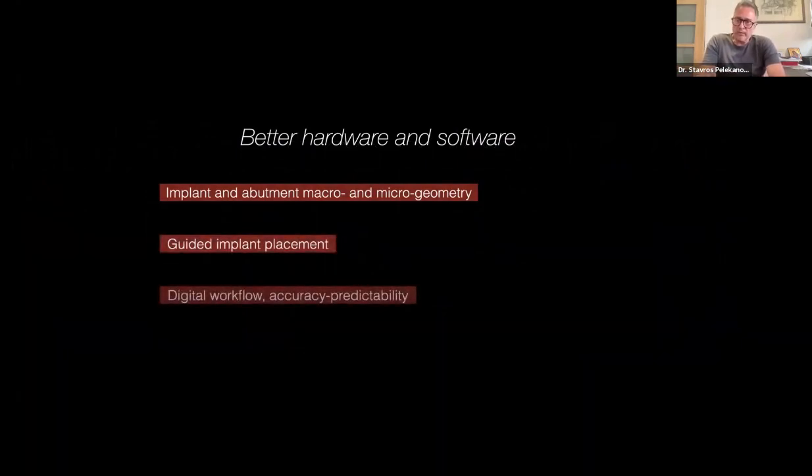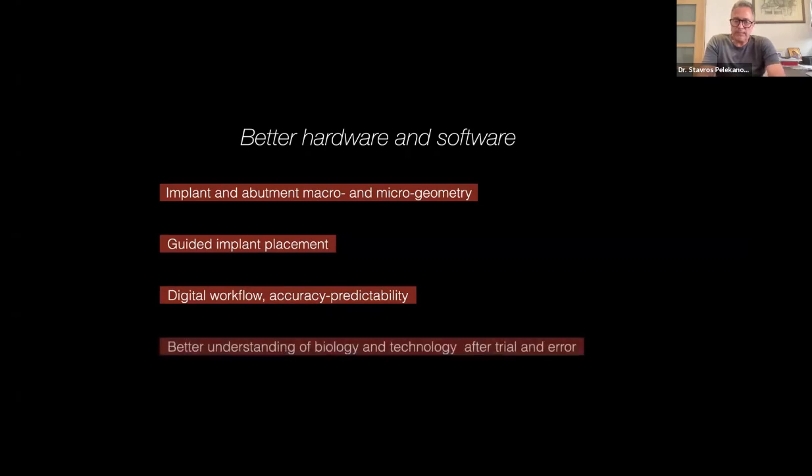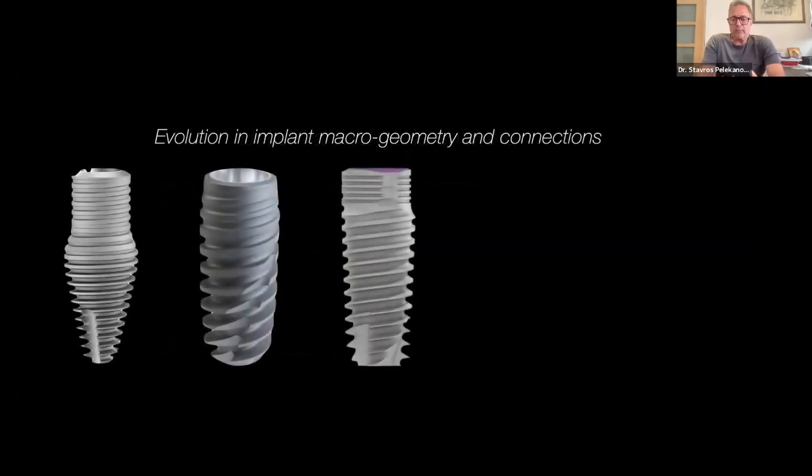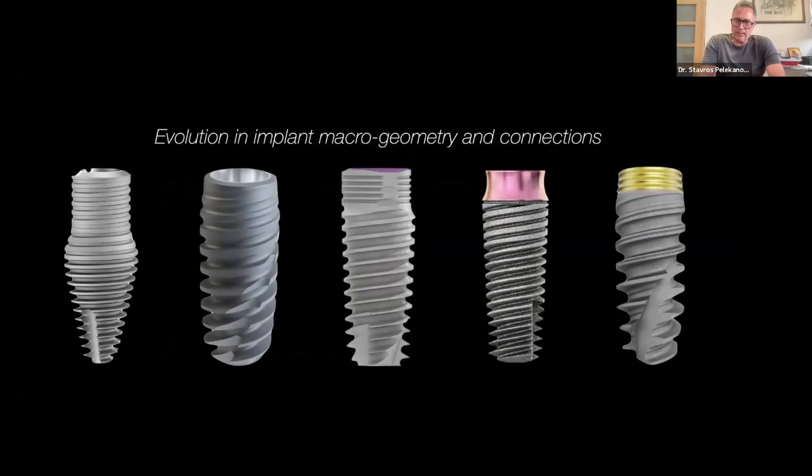So nowadays we have better hardware and software. We have better implant macro and micro geometry. We have, of course, guided implant placement and the digital workflow, and the technology is advanced. The new trend in implant design is being narrow at the neck, and as you can see, some examples here.